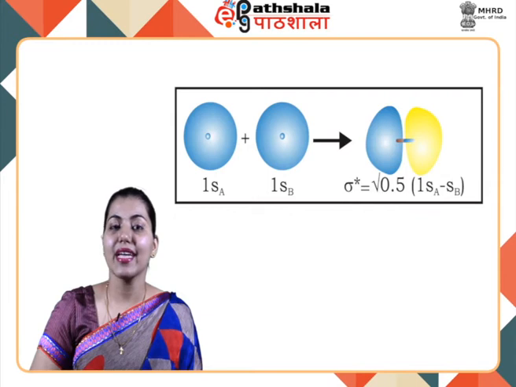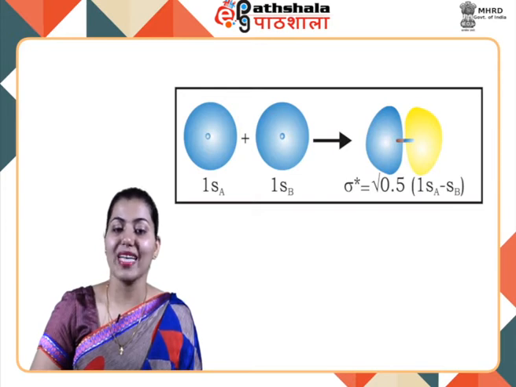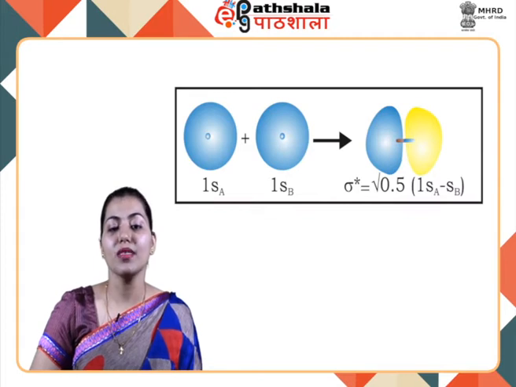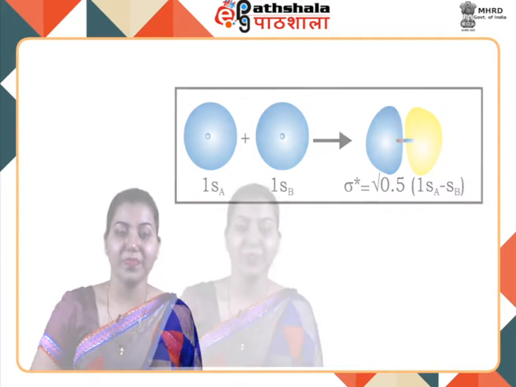The star indicates the antibonding level. The out of phase overlap decreases the amount of electron density between the two nuclei. This is shown in figure 3, where we can see the out of phase addition of the two atomic orbitals, giving rise to a nodal plane.